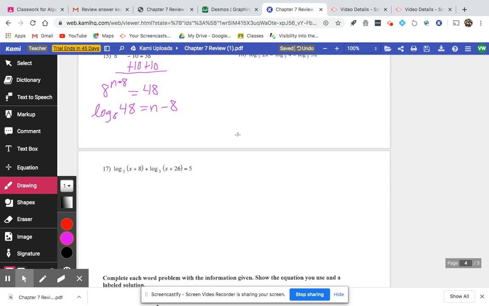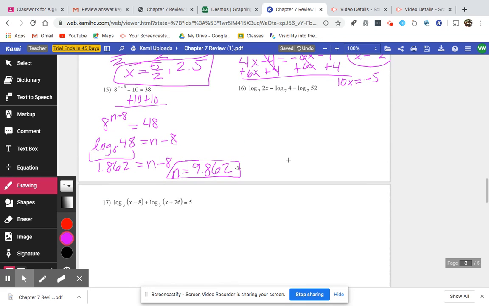Now this one isn't necessarily a nice number. You'll get a decimal here. You'll get something along the lines of 1.862 equals n minus 8. I think I went a little further on my answer key, but to the thousandth is okay. If you add 8 to both sides, you'll get n equals 9.862, roughly, and there you go.